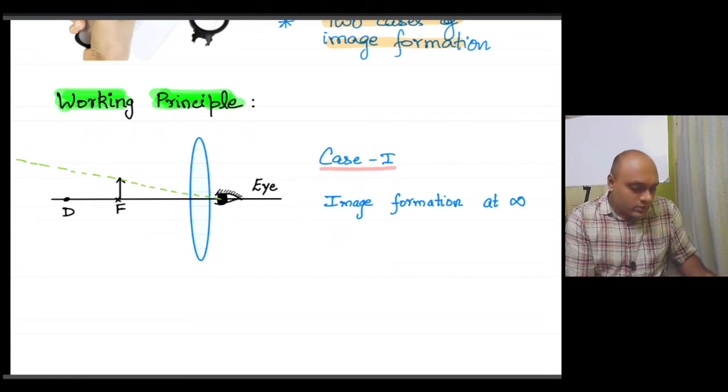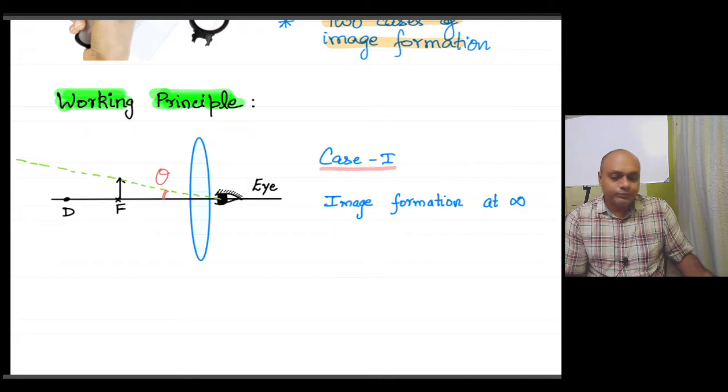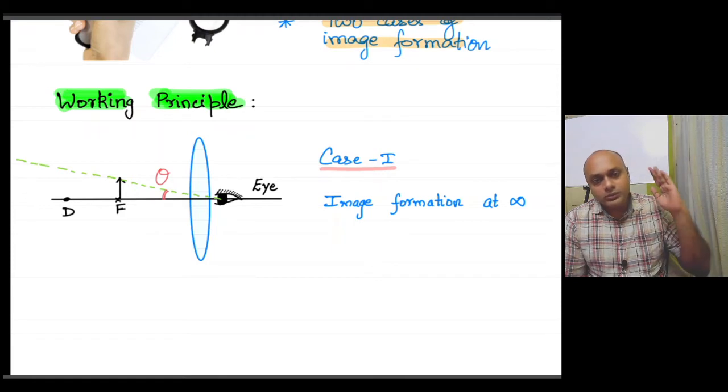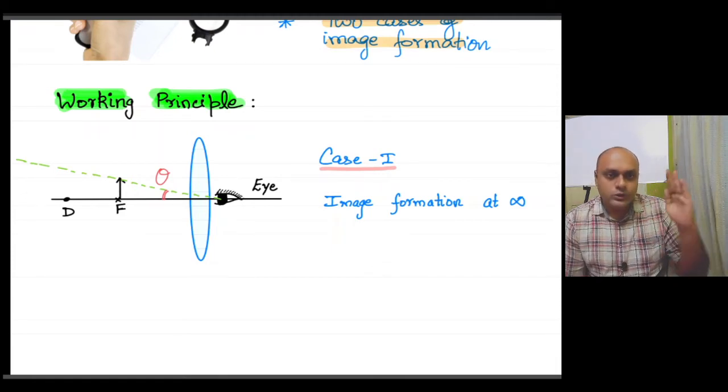Let's say in this case that the angle formed is theta. That's the angular size for the object which is at the focus, or also you can say the image which is at infinity. Both will have the same angular size.